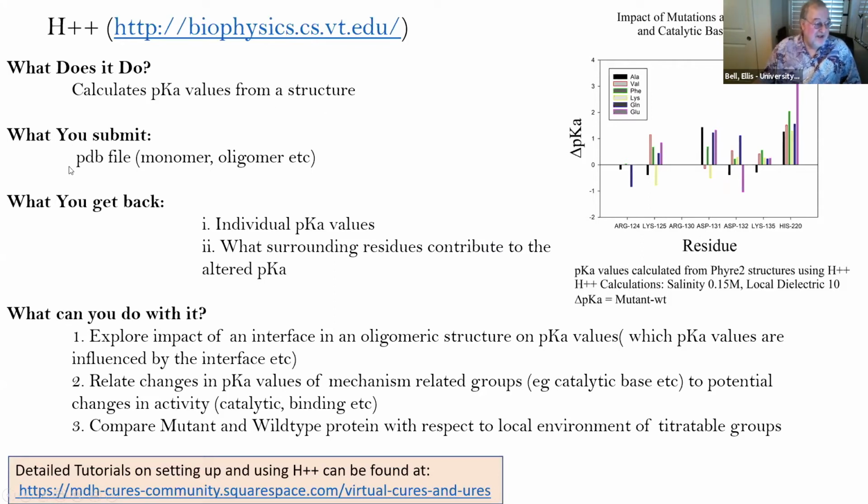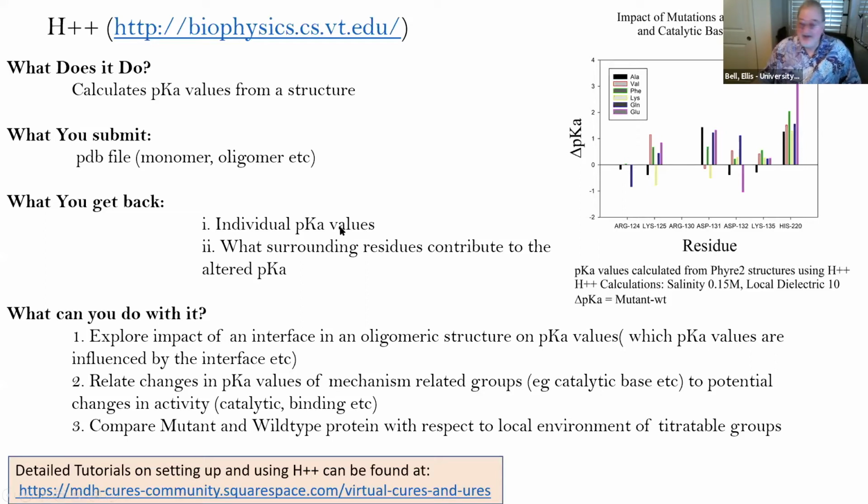You submit the PDB file that you just finished making and characterizing. What you get back is pKa values for every protonatable group in the protein. And this is the cool part, it tells you which residues contribute to those pKs not being the pKs that you read about in the textbook.